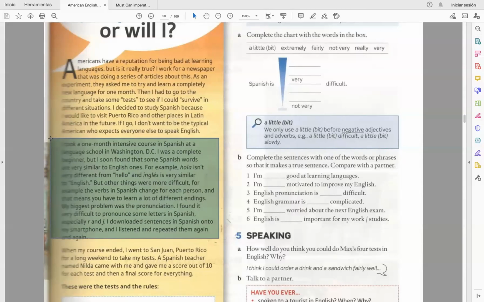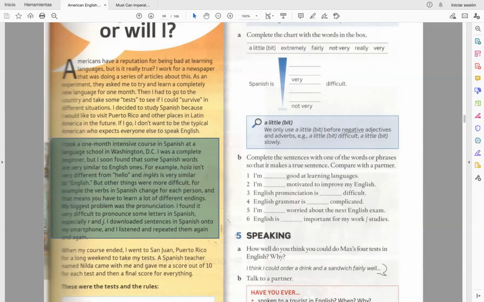Principiante, beginner. And what is onto in the second paragraph? What line? At the end. Yeah, I downloaded sentences in Spanish onto my smartphone.